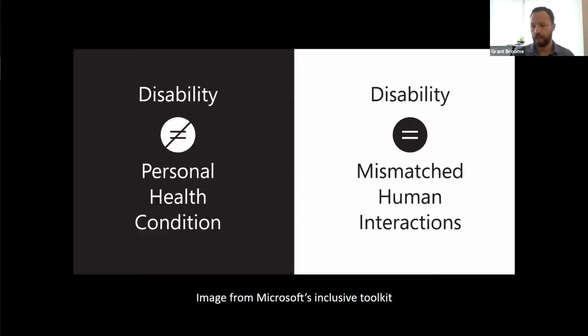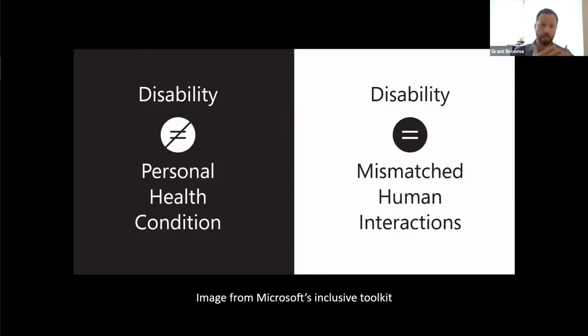So disability in the medical model is often thought of as a personal health condition: not being able to see, not being able to hear, or maybe not being able to move. But the way that we need to think about disability so that we provide good access to the things that we create is through the social model, where the disability is a mismatched human interaction.